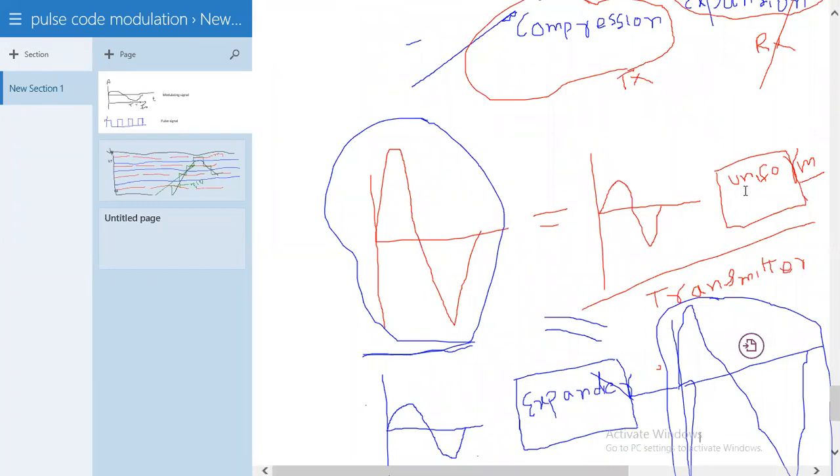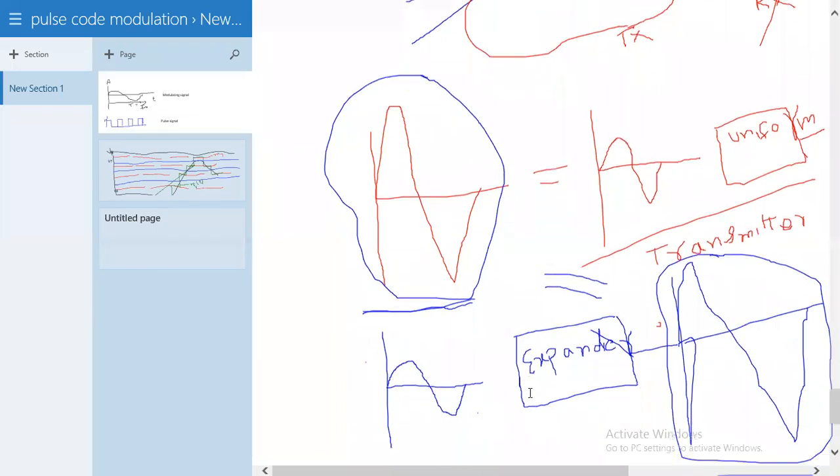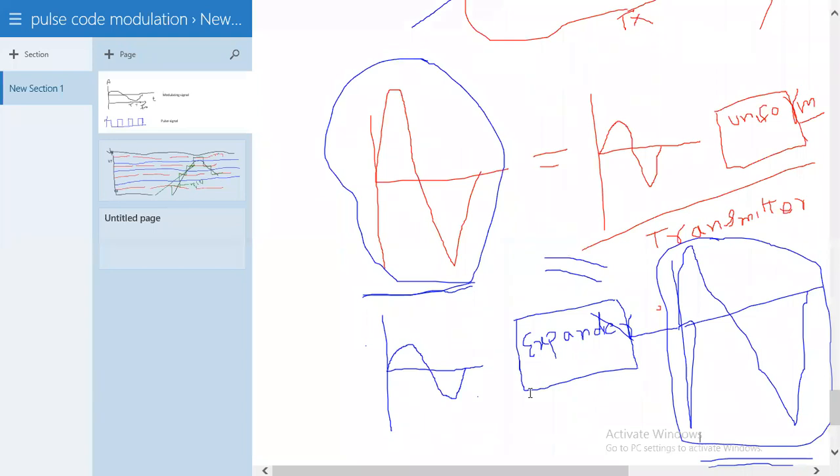That compressed signal is transmitted, and at the receiving end we can recover that signal, and then it passes through the expander. The expander expands that signal again. However much the amplitude is reduced at the transmitter section, the same amount is amplified using this expander.